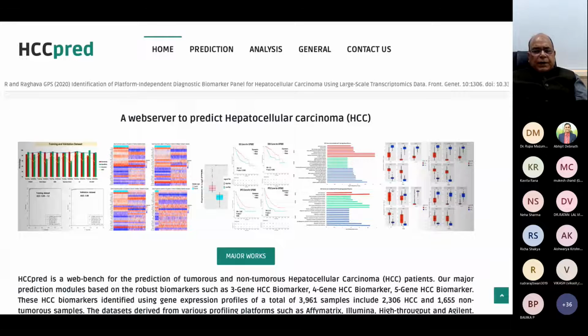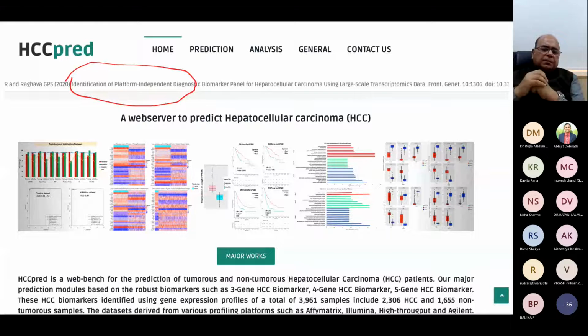So that's another idea, platform independent biomarkers for hepatocellular carcinoma, liver cancer. Why we are giving importance to platform independent: there are different platforms for measuring gene expression. It may be Affymetrix based microarray, it may be cDNA microarray, it may be RNA-seq based.